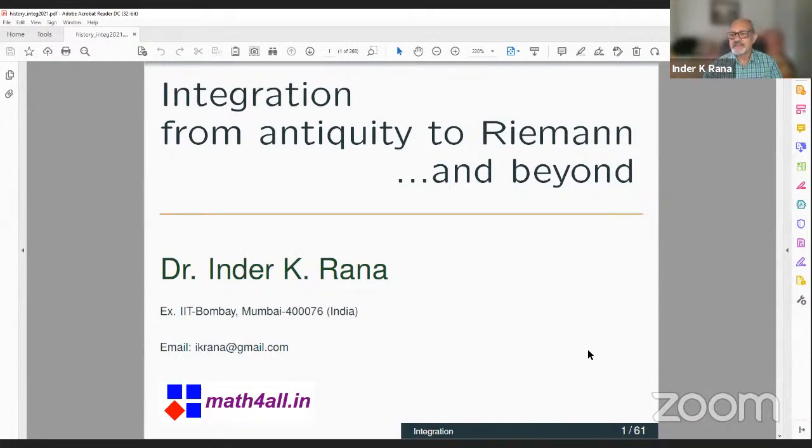The first thing we introduce is the concept of limit, then differentiation, and later, once the fundamental theorem of calculus is proved, integration starts as a bag full of formulas and computations. But historically, integration developed before differential calculus. So let me begin formally with my presentation.